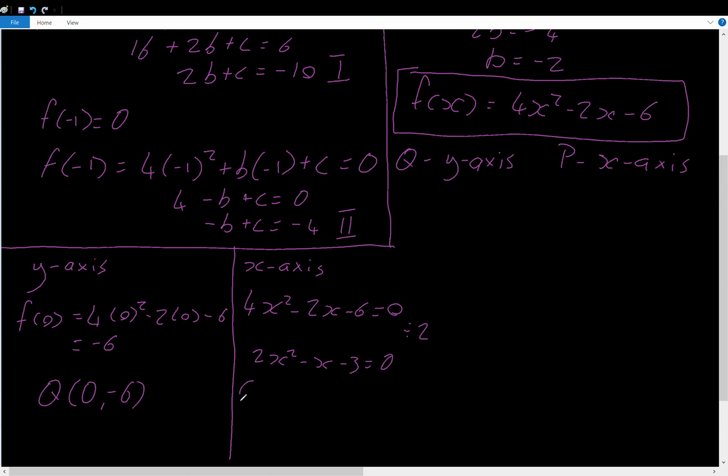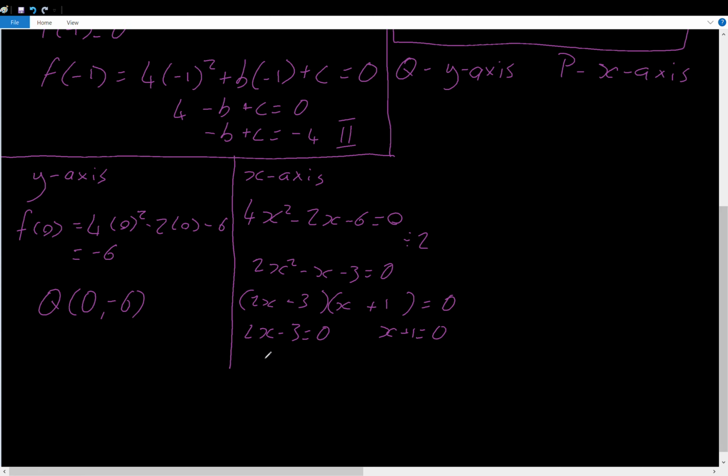Now we just have to factorize these out. We're going to have 2x and x, and then we're going to have -3 and plus 1, like that. Which means that 2x minus 3 equals 0, and x plus 1 equals 0.